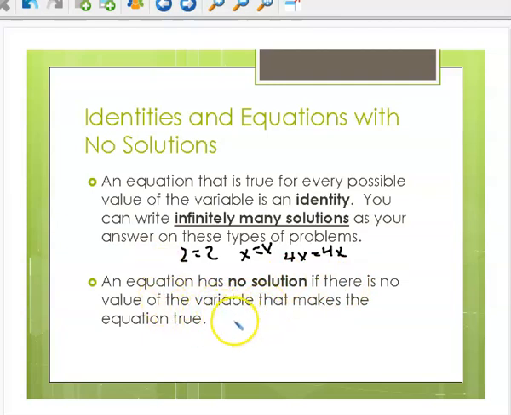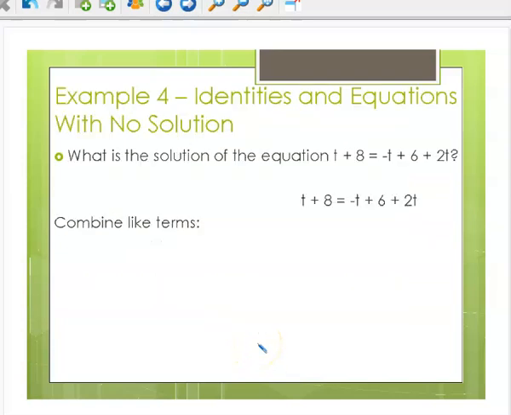Now these sometimes look like where you have 2 different numbers. 2 equal to 6. Well, that's not possible. That means that there is no solution in that equation. So let's try one. What is the solution here of our equation? Well, first we're going to combine the like terms on the right-hand side.